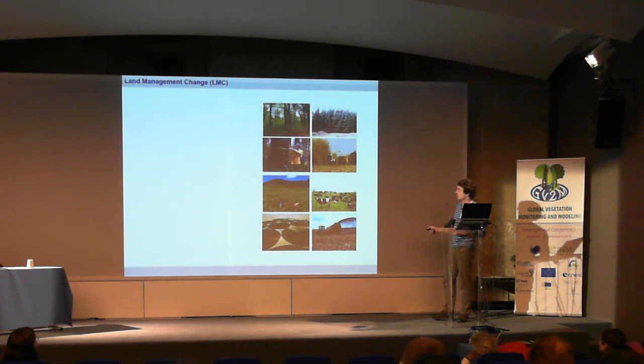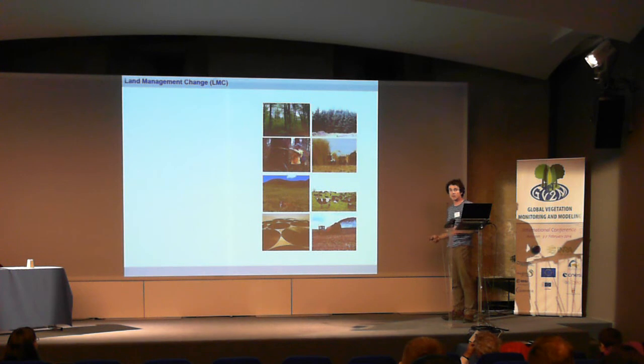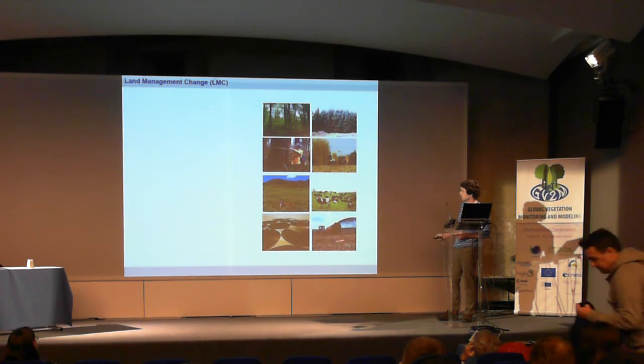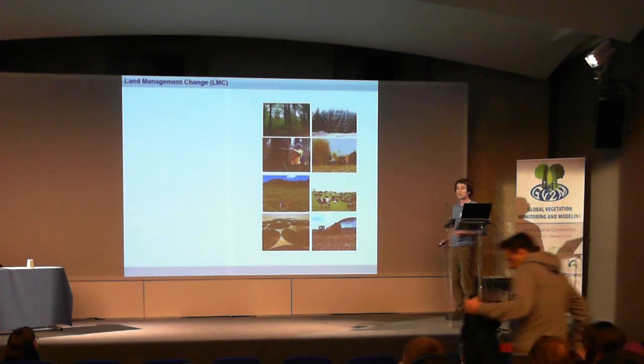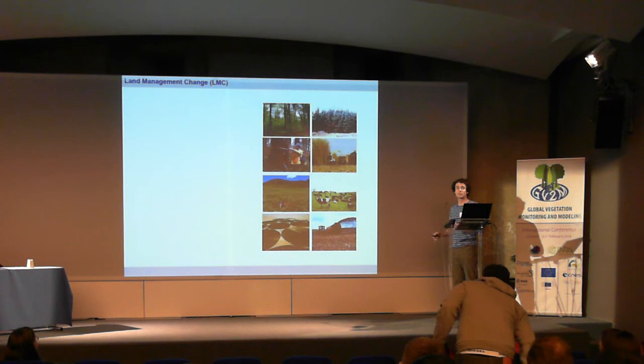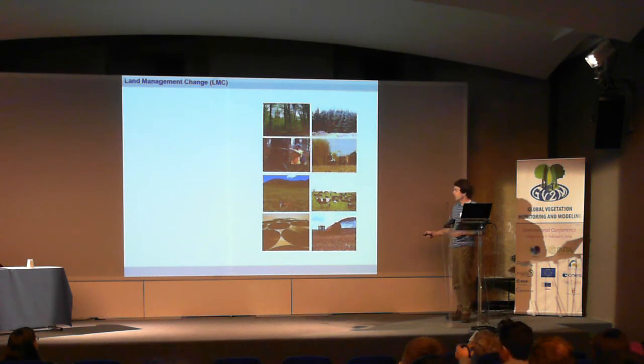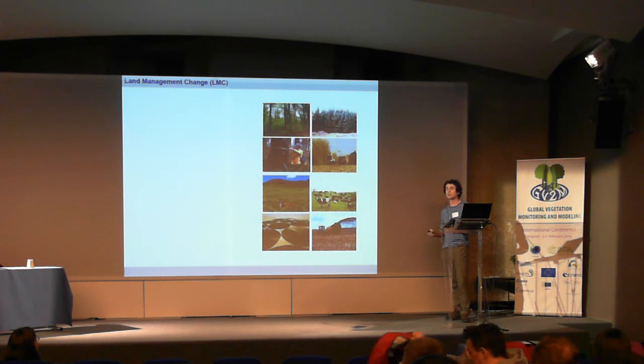Or we have an extensively grazed grassland. We decide that we put a fence around it and we add a couple of hundred cows and we start fertilizing and we move to intensive grassland. So these are changes, it's still grassland, but a lot has changed. Or we can add fertilizer and irrigation. And this is where the whole definition thing becomes a bit more fuzzy, because irrigation and fertilization are more and more included in the Earth system models.